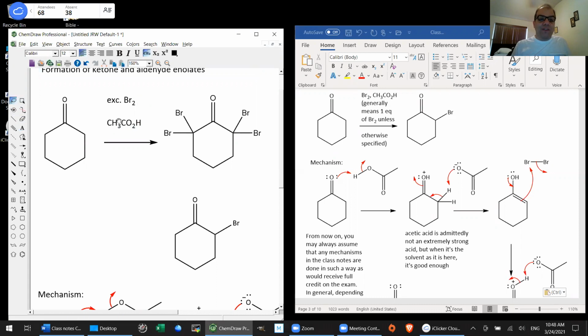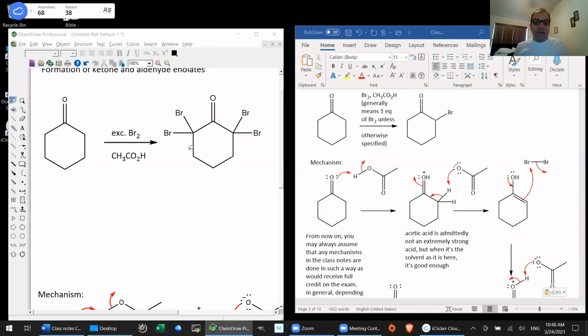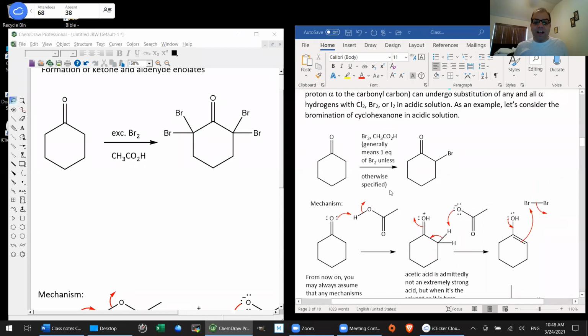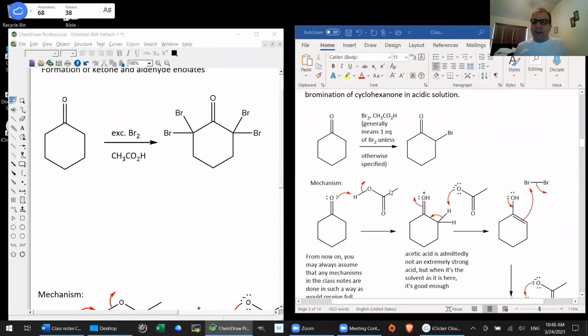So yeah, there's no water or anything else. I would expect with this, it would just be pure acetic acid as the solvent. Good, so something like that. And of course, as you see, we're totally fine drawing it like this. There's no chiral carbons, right? Those two carbons both have two bromines on them, so they're not chiral. But those are the only two ways to do it that I can think of that are at all useful.